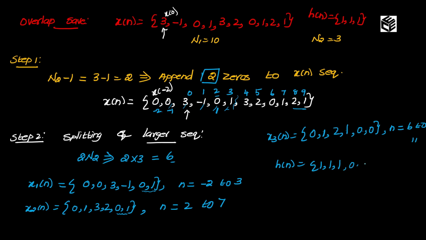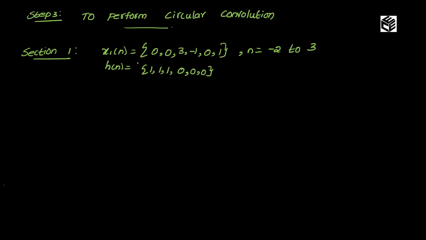So I am adding 3 more zeros. Understood? Now I am going to perform the convolution for the first section, x1 of n and h of n. The output is y1 of n, which is equal to x1 of n circular convolution with h of n. And the value of y1 of n starts from n is equal to minus 2 to 3, which is the same.